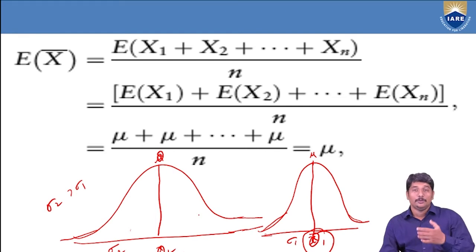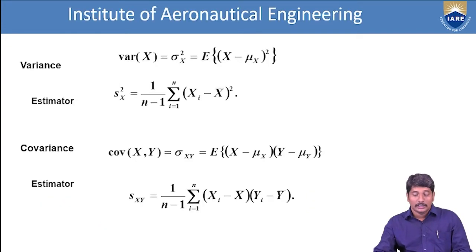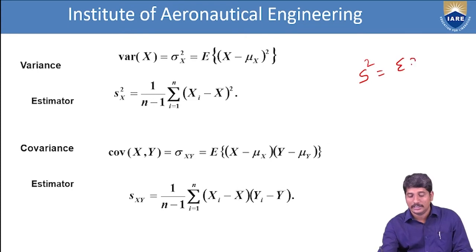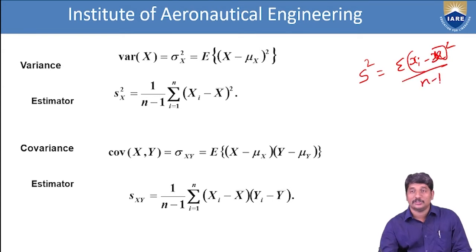In this way we can distinguish among the different kinds of estimators with the help of two criteria called unbiasedness and efficiency. Now here we are seeing some examples: the modified sample variance s cap square, which is given by the sum of xi minus x bar whole square, divided by n minus 1, instead of n.